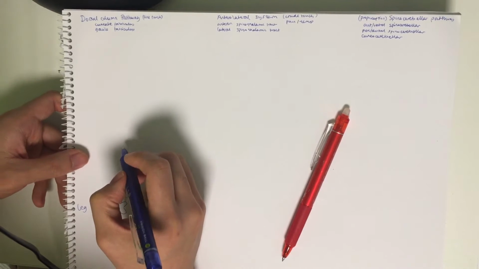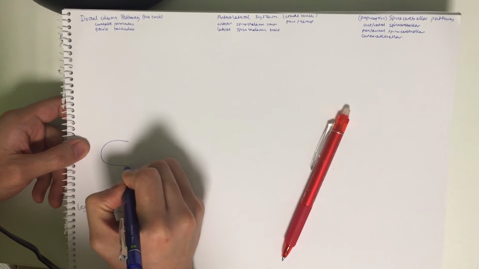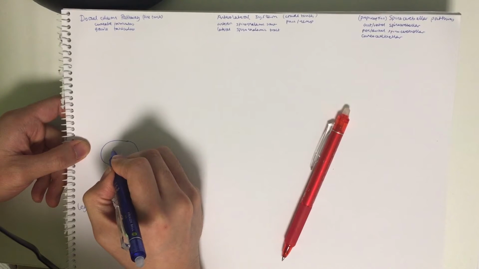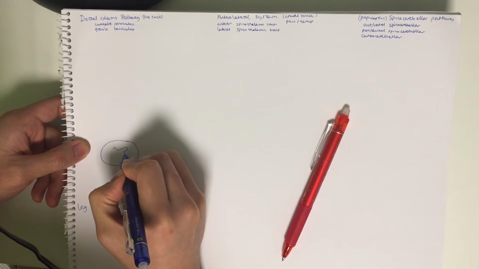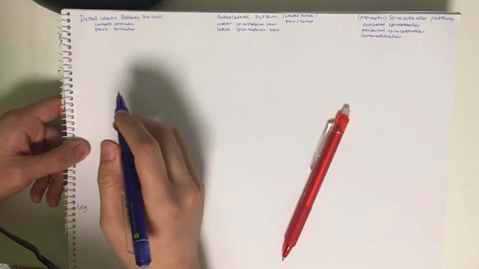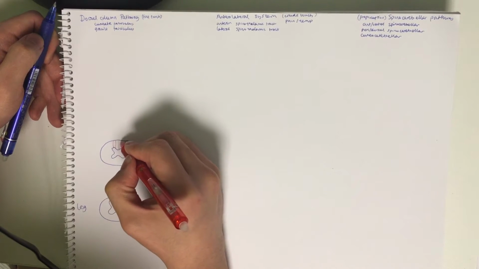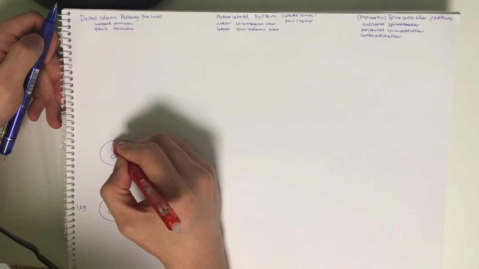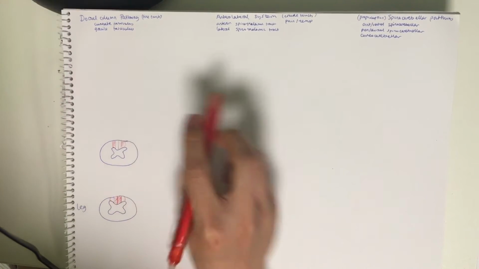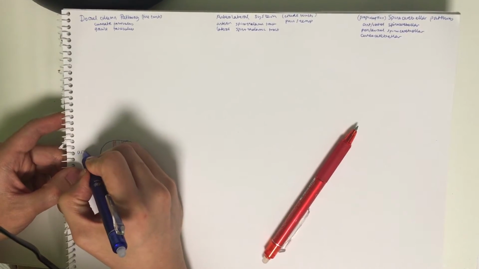I'm going to draw another cross section now, but the level of this cross section is going to be higher. So you can imagine I'm drawing a spinal cord as you go upwards. So this is the dorsal column pathway, but I'm shading the lateral part of the dorsal column tracts. And this is the level of, for instance, the arm.